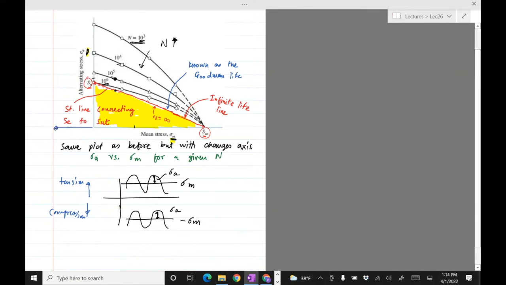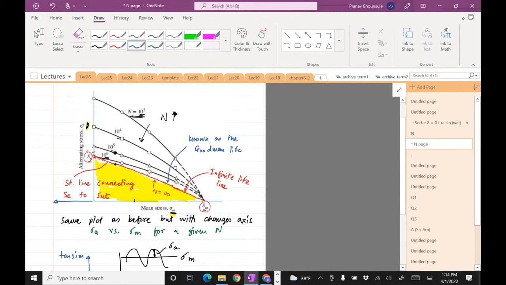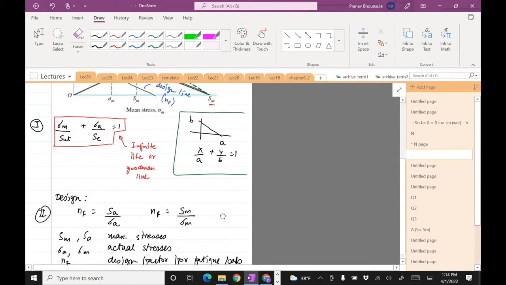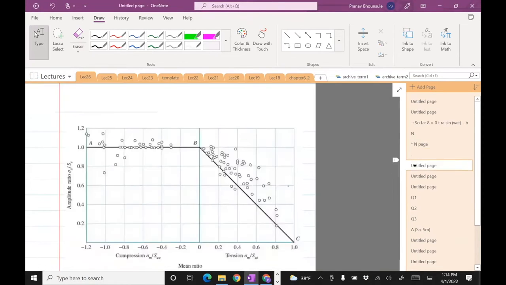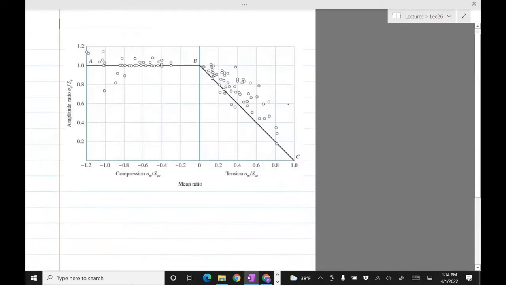And so what people have done is, instead of doing the experiments only in the first quadrant, you do the experiment in the second quadrant, and you get that right here. So this is a broader set of experiments done in the tension region and the compression region.